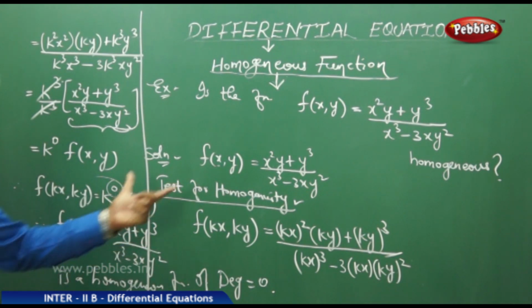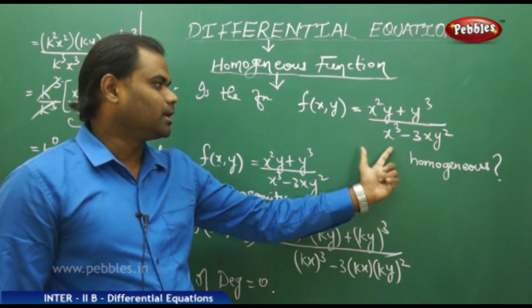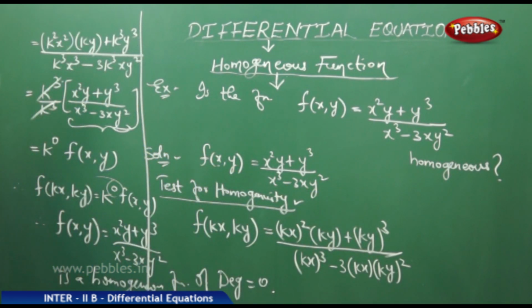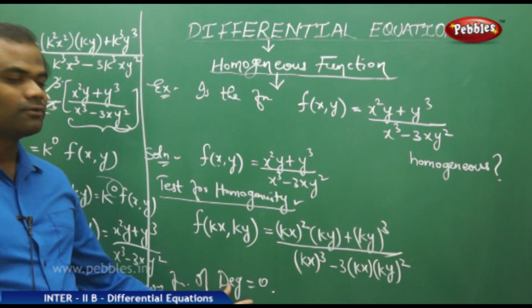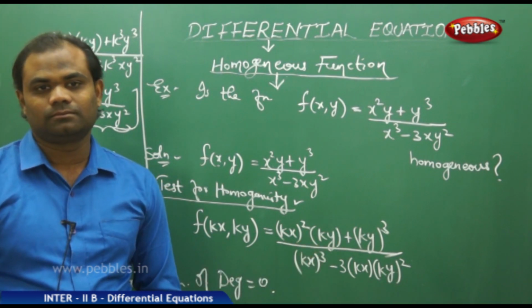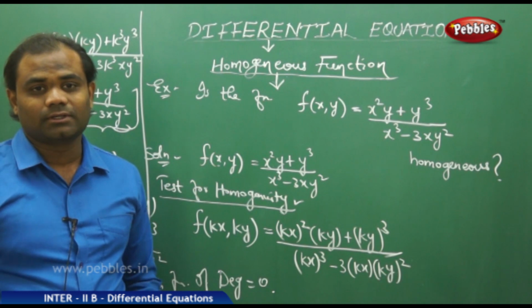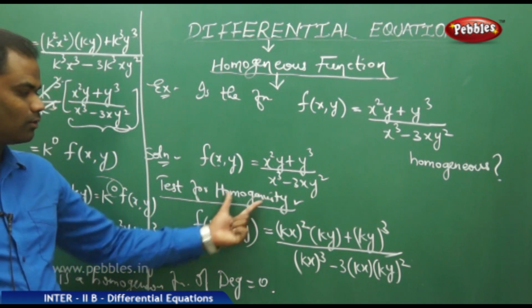So the given problem, x square y plus y cube by x cube minus 3xy square, is a homogeneous function of degree 0, is how I understand the homogeneity of the function connected with the test for homogeneity.